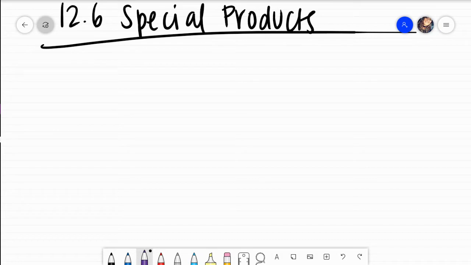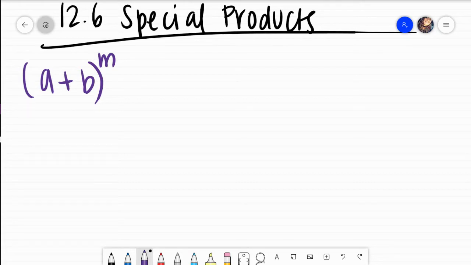So if you see something in parentheses written like this, A plus B, and then say it's being raised to a certain power. It doesn't have to be squared. It could be 3, it could be 4, it could be any type of number, okay?